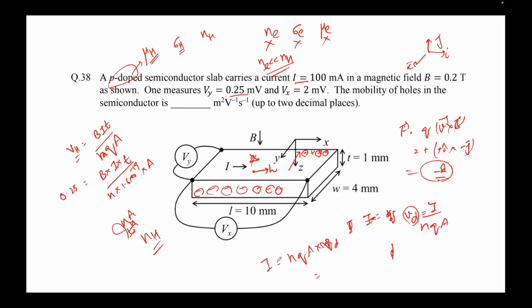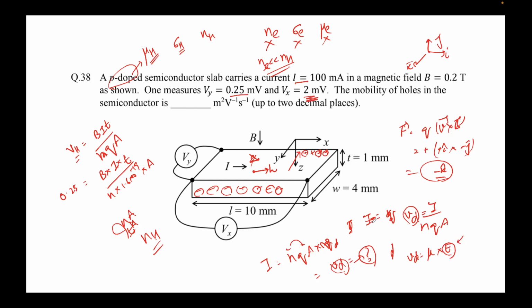We know N into A from this, so this expression will be here, and we can calculate V_D from here. If we get V_D, then V_D equal to mu into E. E is nothing but the applied electric field, which is this 2 millivolts. L and L will also cancel out here.